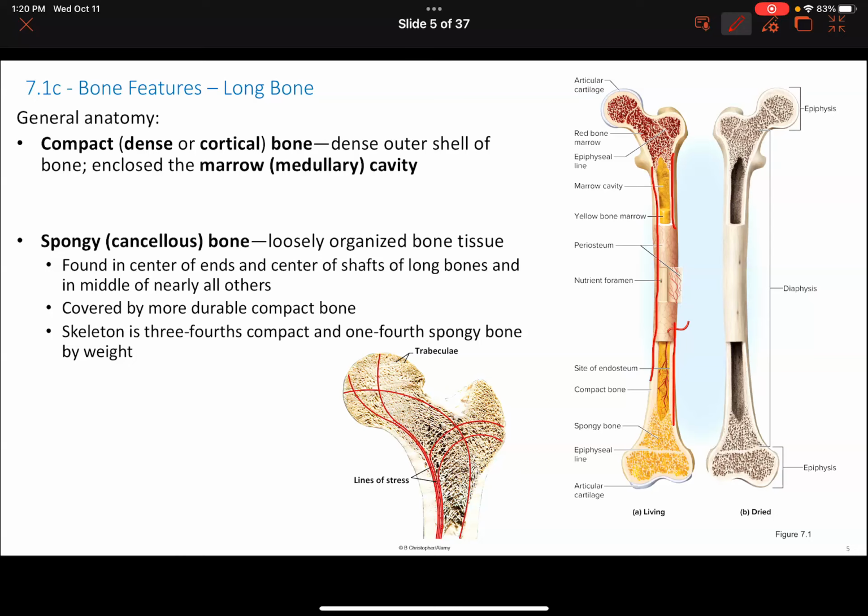So you can see this outer shell here is compact bone. On the inside, in certain regions of the long bone, you have spongy or cancellous bone. This is bone tissue that's got a lot more space in between it. It's not as dense. It's found in the center of the ends of the bones.